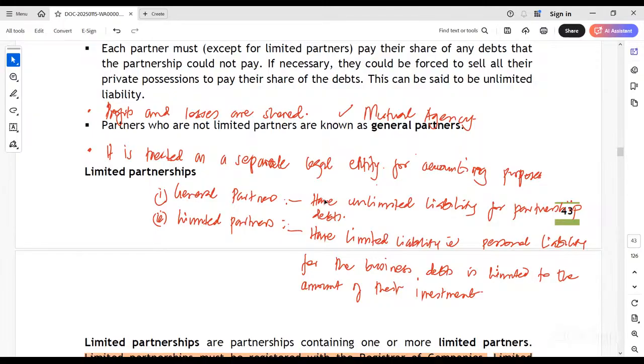The unlimited ones are general partnerships, and all partners have unlimited liability, which simply means that they are personally responsible for all the business debts and obligations of the partnership.